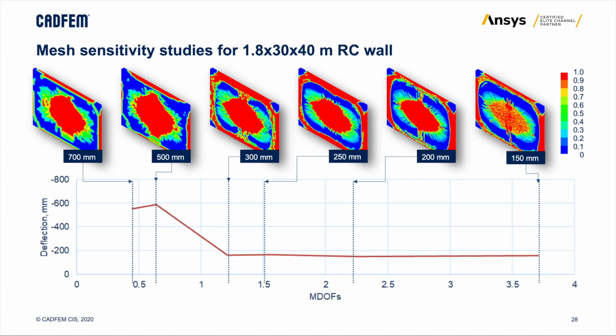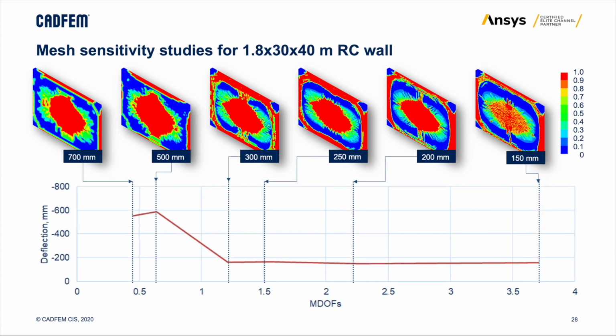This is one set of the results from our simulation. You can see that for this type of reinforced concrete wall, a 300 millimeter mesh is enough to precisely describe wall deflection. With decreasing element size you could better describe the crack pattern, but this is not the main aim of our study.